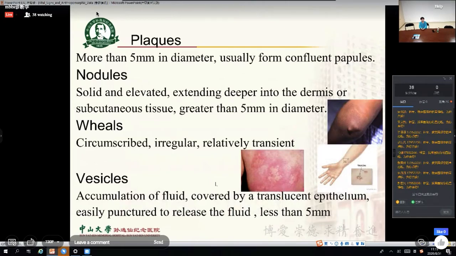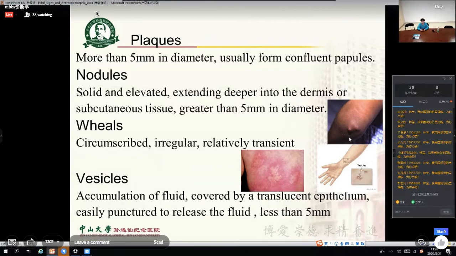What are plaques? Plaques are more than 5 millimeters in diameter, usually from confluent papules. If you identify a nodule like this, it is often solid and elevated, extending deeper into the dermis or the subcutaneous tissue, and greater than 5 millimeters in diameter.